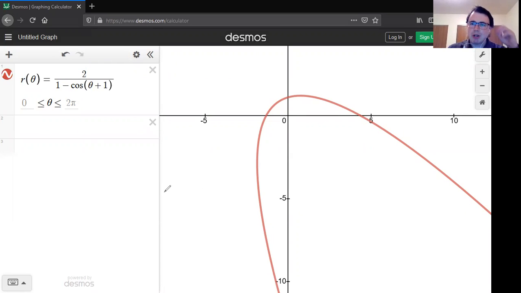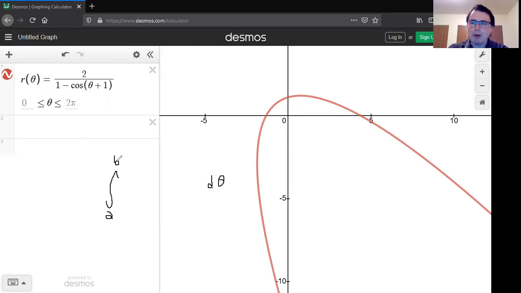Now, the formula that we want to use is slightly different. This is an integral that we will compute with respect to the variable theta. So my integral formula will come with a d theta. And I'm picking two different values of theta to integrate between, let's say a and b.